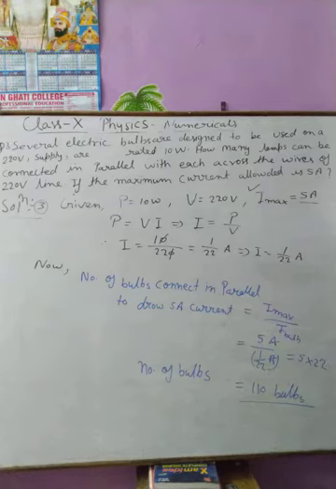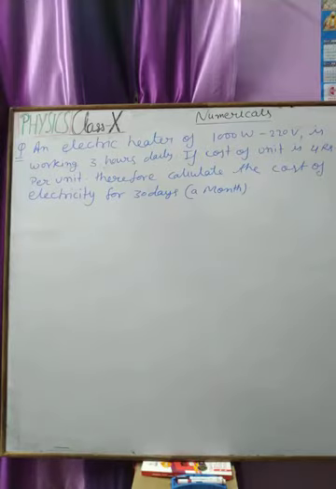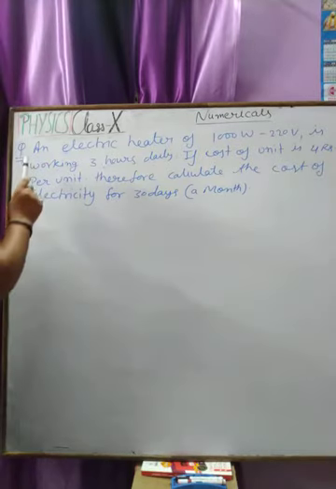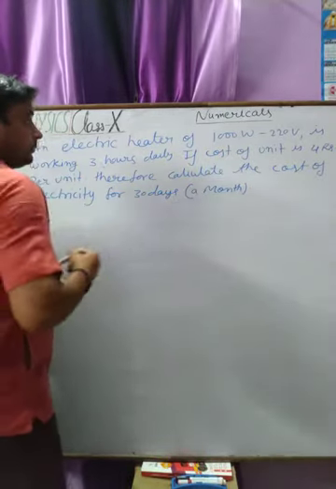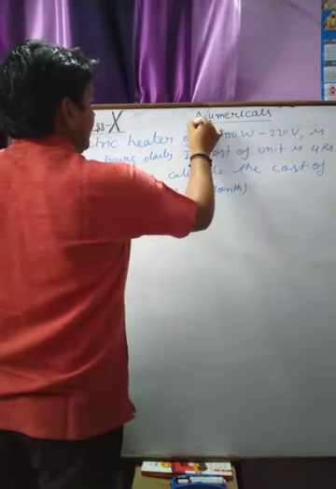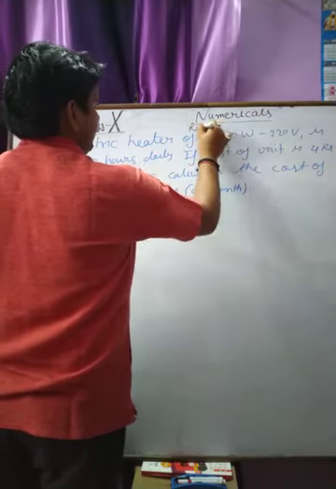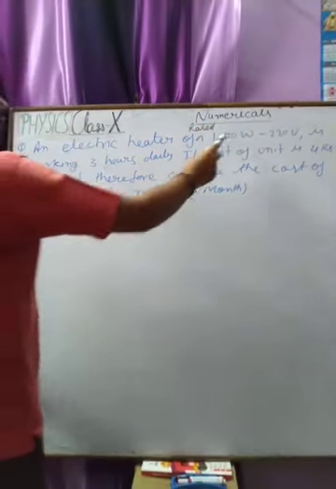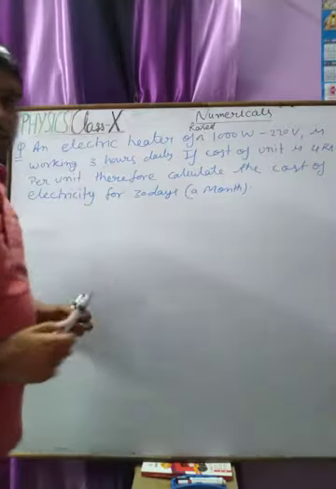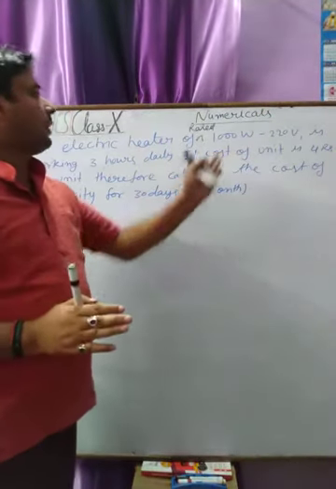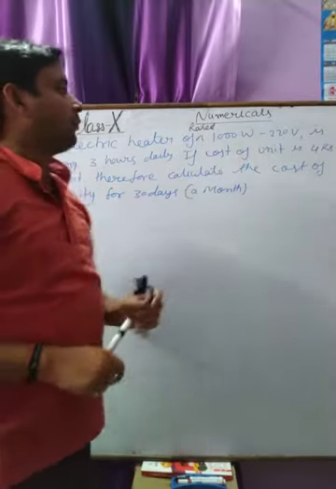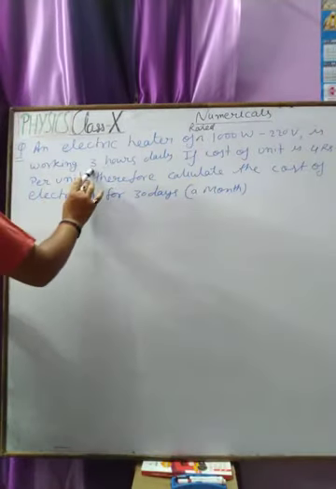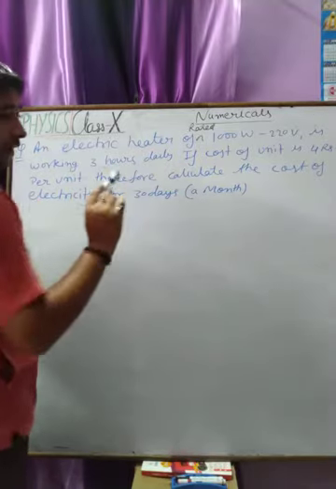Okay student, now we go to another question. We have a new question, that is an electric heater rated 1000 watt, 220 volt, that is a heater of maximum 1000 watt operated on a 220 volt supply, working 3 hours every day.